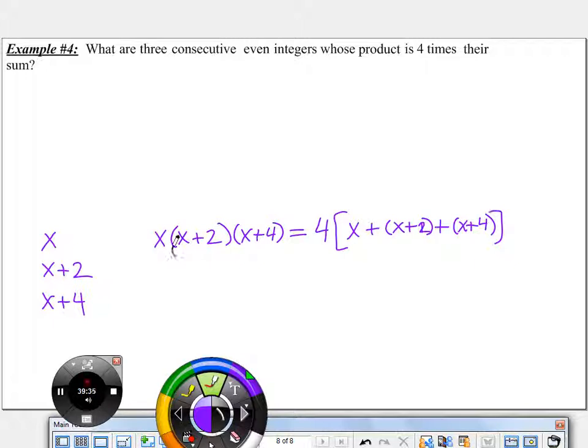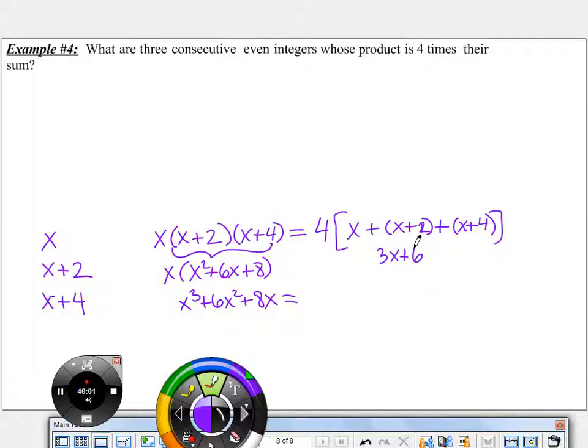So here, when we multiply this together, we get x squared plus 6x plus 8. We're going to multiply that all by x. So we have x cubed plus 6x squared plus 8x. On the other side, first of all, the sum of these integers is going to be 3x plus 6.